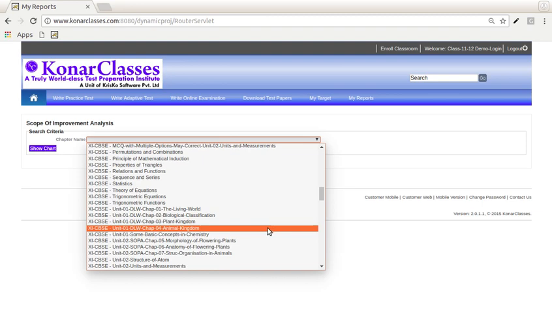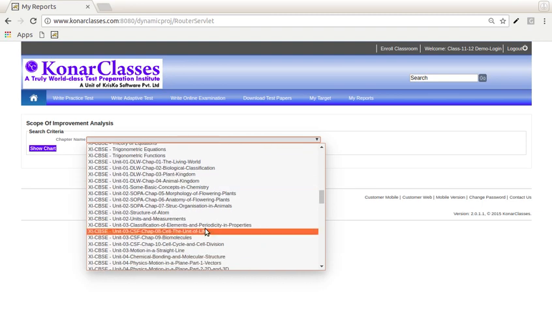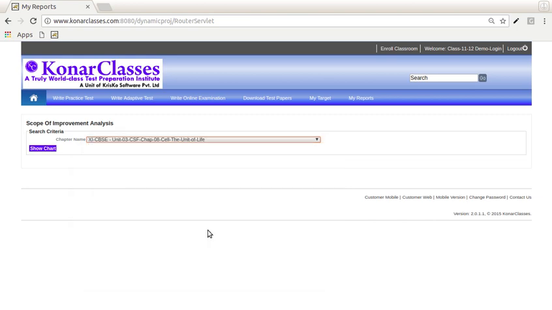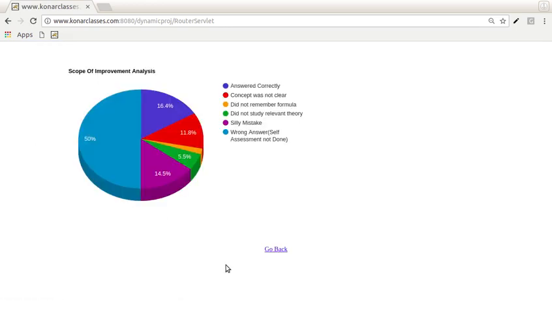Suppose I go for Cell: The Unit of Life, that is a class 11 biology topic, and then I click on show chart. You see, it comes with this kind of report.